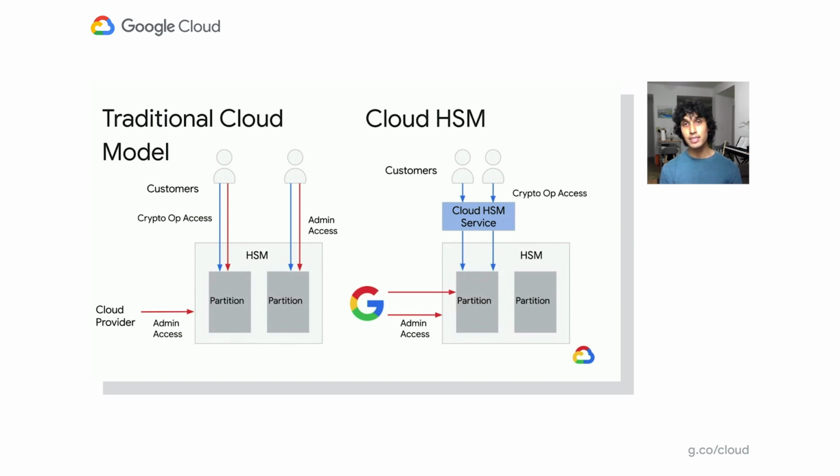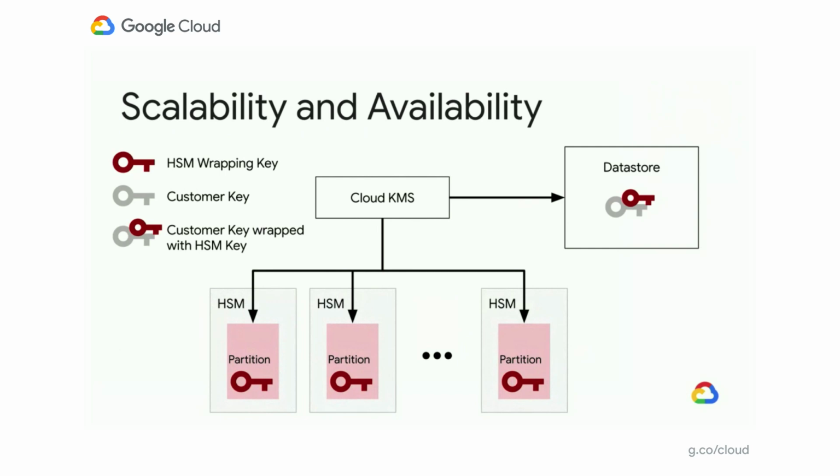Since these are FIPS devices, raw key material must remain on the HSM. Instead, the service can see wrapped key material, which it uses extensively in the system to make it scalable and highly available. Each region has a wrapping key that's replicated to a partition on all of the HSMs in the region. When you create a key, the service wraps your key with the region's wrapping key and collects the attestation.